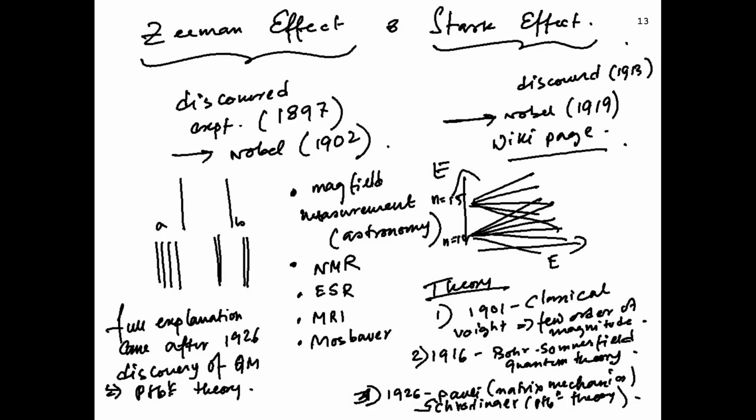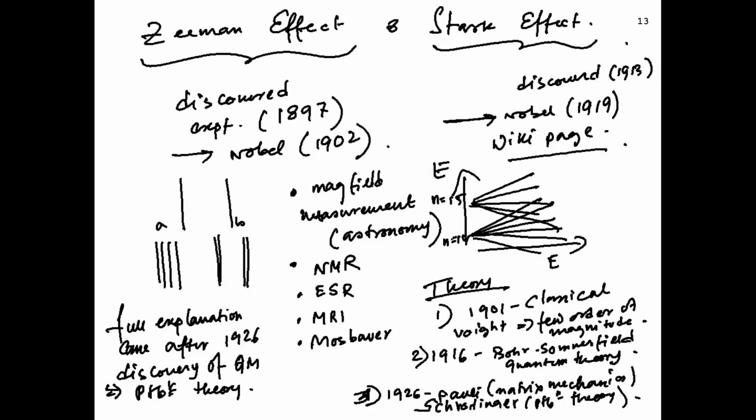And again, like both of these, the theoretical development happened much more slowly. For example, in 1901, after these things were discovered, Voigt tried to explain this using a classical anharmonic oscillator. There is a little historical account. At that time the idea was this is happening because the electron in the atom is vibrating, because of its thermal energy or whatever, and one should be able to model it as a harmonic oscillator.